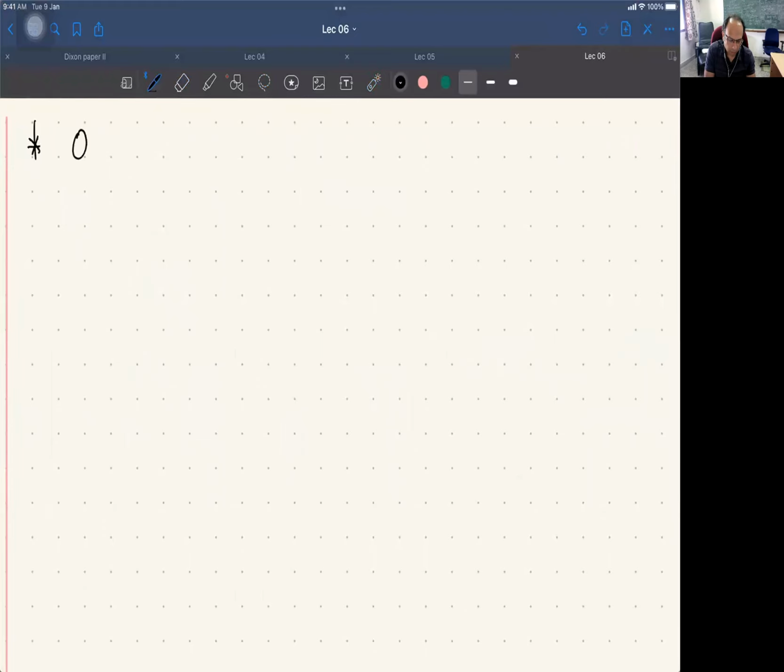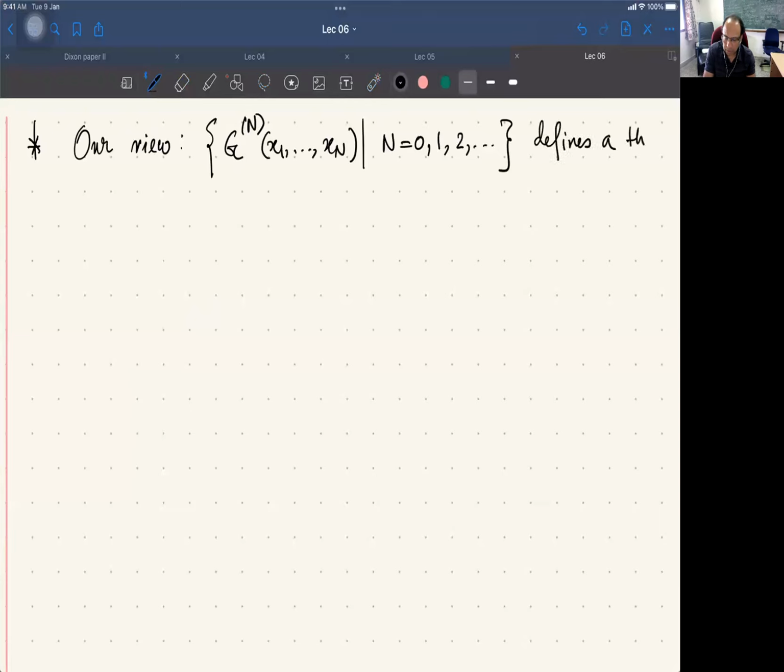So our view is that this set of Green's functions, n-point Green's functions, for n equal to 0, 1, 2, and so on, defines a theory.